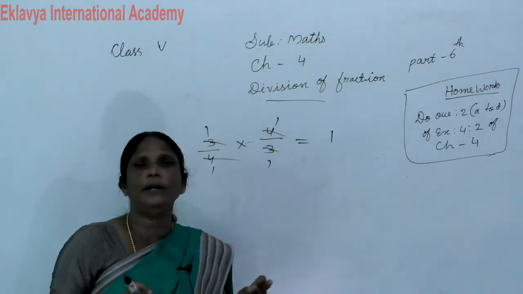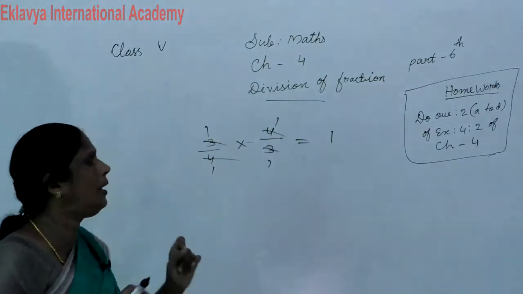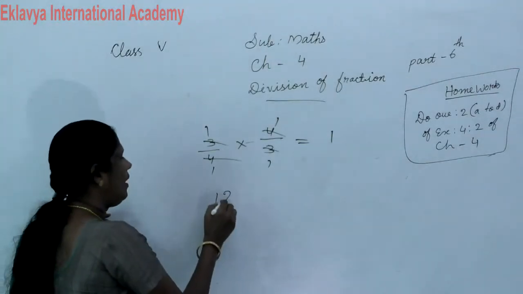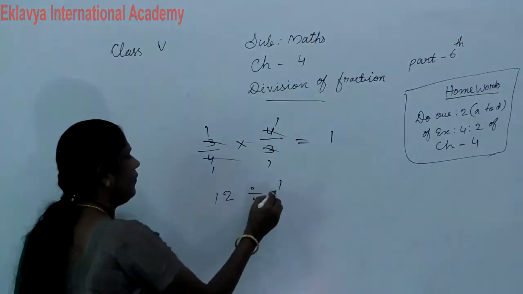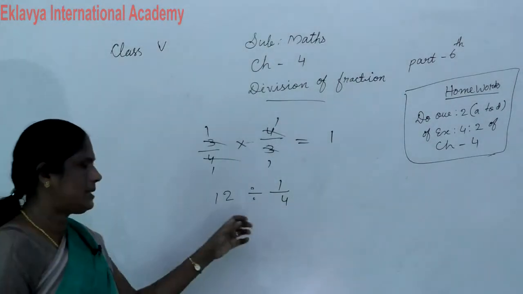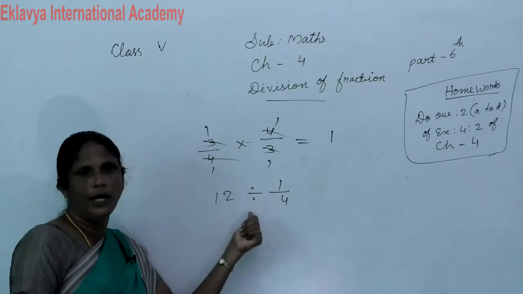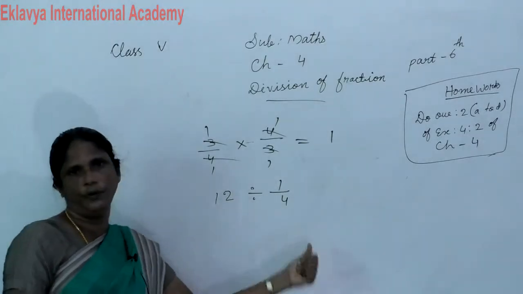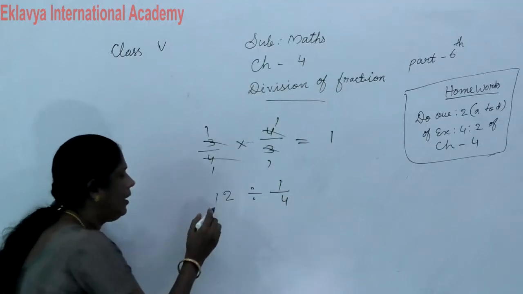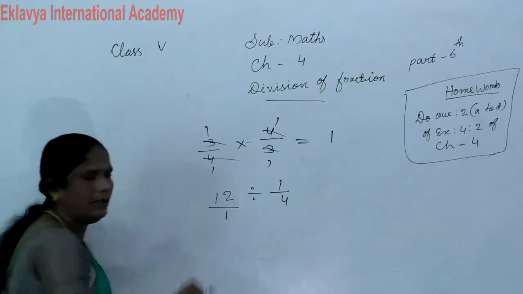That is called reciprocal. We divide a whole number by a fraction. First we find the reciprocal of the divisor. For example, 12 divided by 1 by 4. First you write, there is no denominator here, so you put 1.